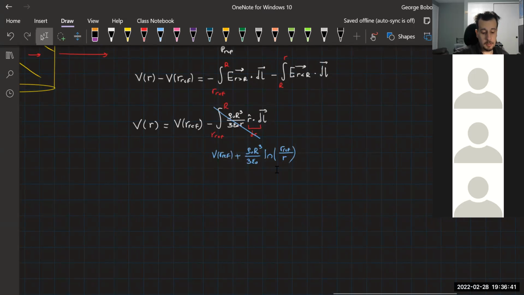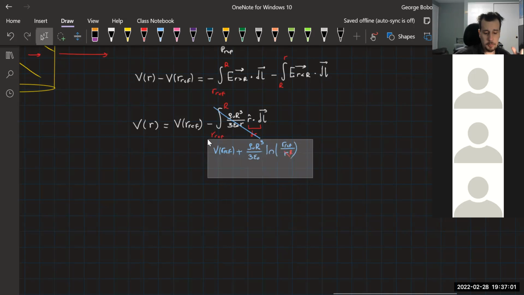But that R in the denominator there is capital R. Why redo the whole integral again? I don't want to. Do you want to? Okay, watch what's happening here. So this is getting replaced.